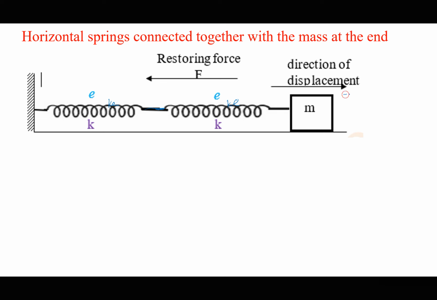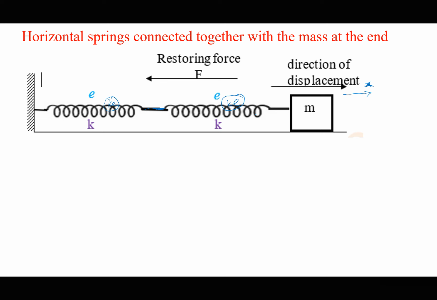If you cause a displacement x to the right hand side, each spring is going to experience a tension which is equal to k times e. The same tension experienced by this spring is the same tension experienced by this spring, which is going to be the same as the restoring force, because to bring back this mass to equilibrium, you must remove that tension, which is equivalent to removing the same tension from both of the springs.